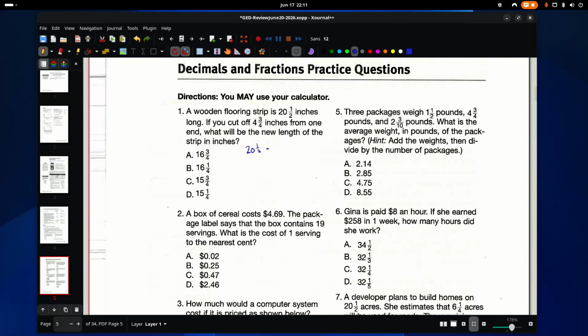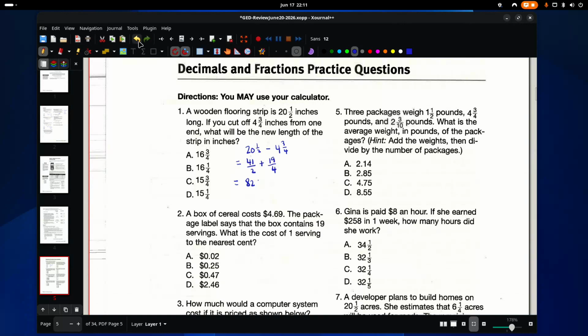So we're going to subtract 4 3/4 from that. Converting those to improper fractions, 2 times 20 is 40, so we have 41 over 2. And 4 times 4 is 16, plus 3 is 19, so plus 19 over 4. Our common denominator is 4 there.